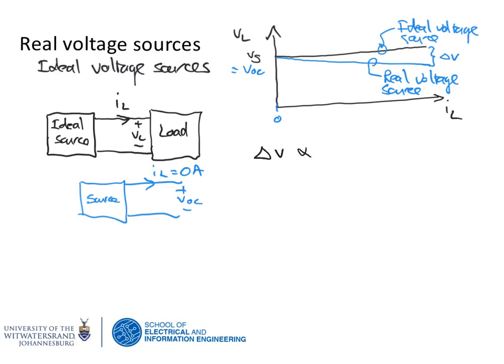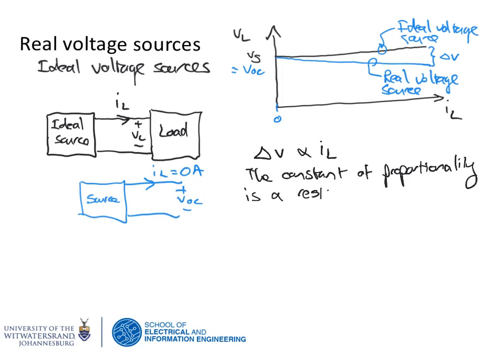So it's proportional to IL, and the constant of proportionality from Ohm's law has the units of resistance, and so we're going to call that resistance the source resistance, RS.